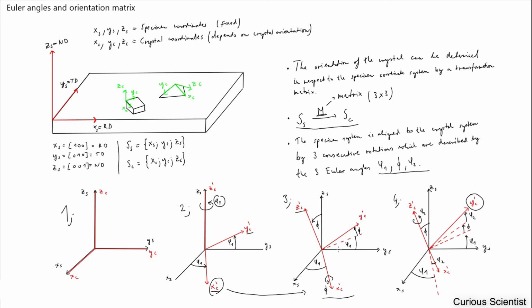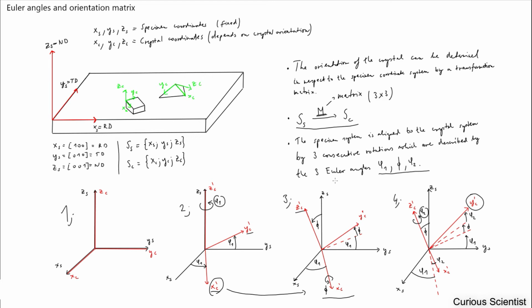As we can see, this stays the same, but the y and the z, or the TD and ND, are changing. And finally we go back to the z, or the normal direction again, and we have a phi 2 rotation, and that's all.